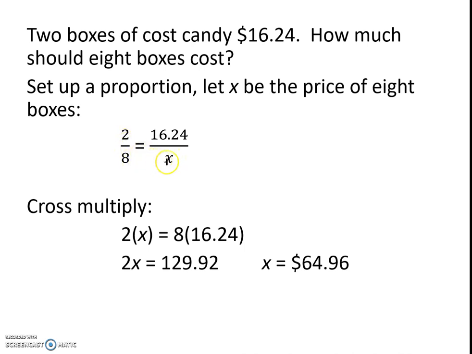So we cross multiply, we find that that's 2x, and 8 times 16.24 is 129.92. But again, we don't want 2x, we just want x. So we divide both sides of that equation by 2 to find that our x, our price of our 8 boxes of candy, is $64.96.